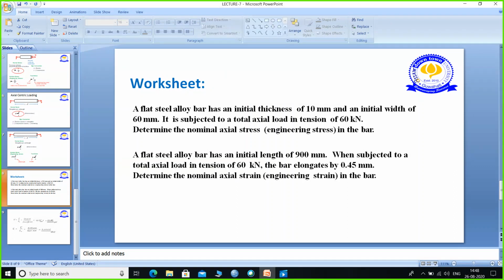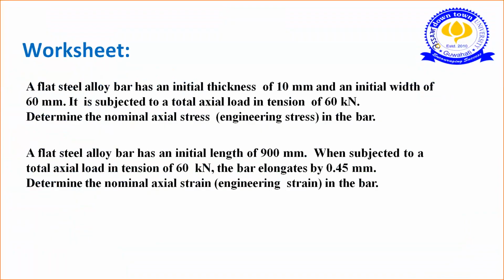Write down these questions. You should have these questions. Six kilonewton per mm square. Anyone? Next. Fast, fast.